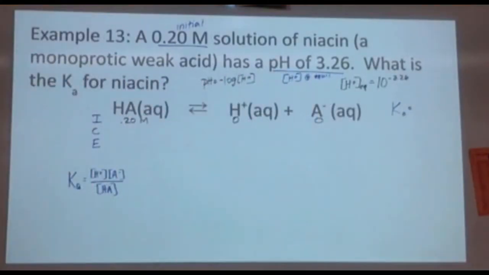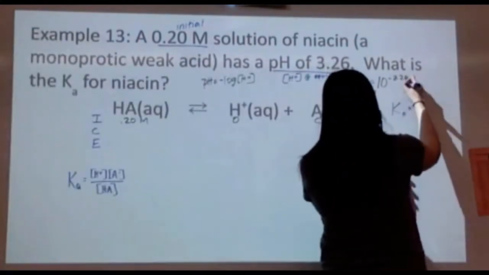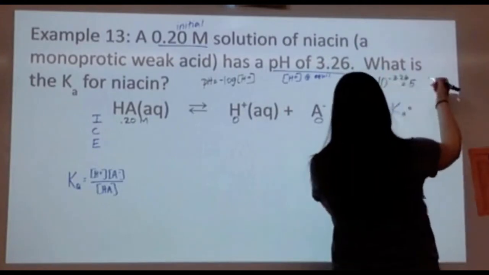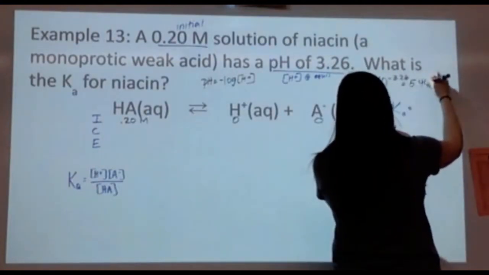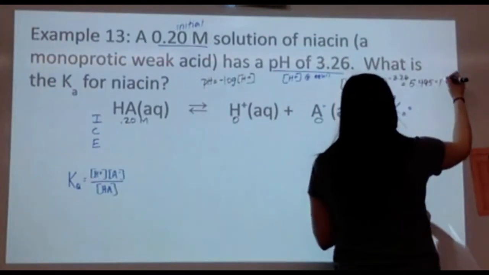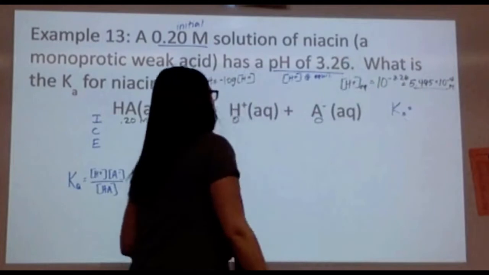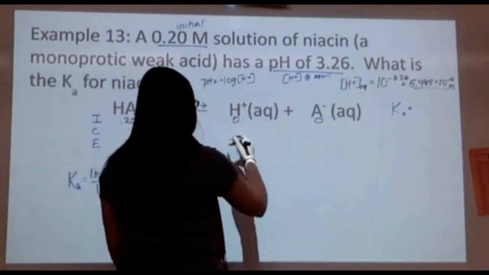If I do 10 to the negative 3.26, I'm going to keep it out to a few sig figs: 5.495 times 10 to the negative fourth. There's our H plus at equilibrium.